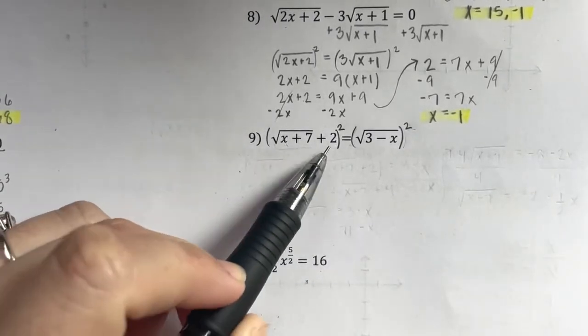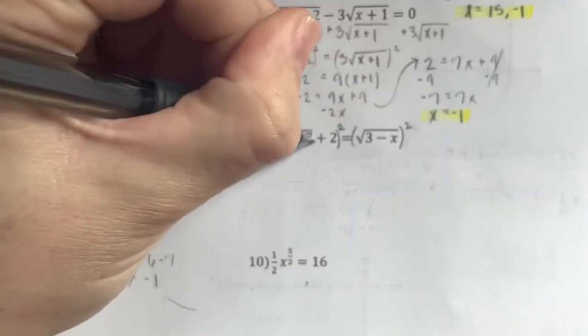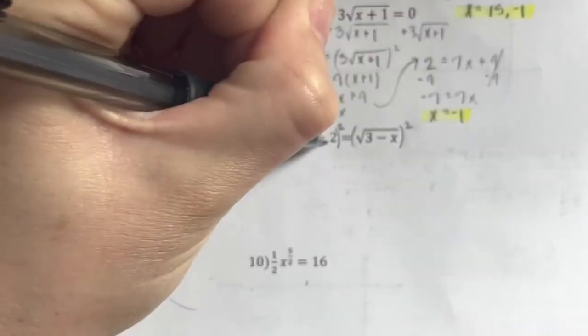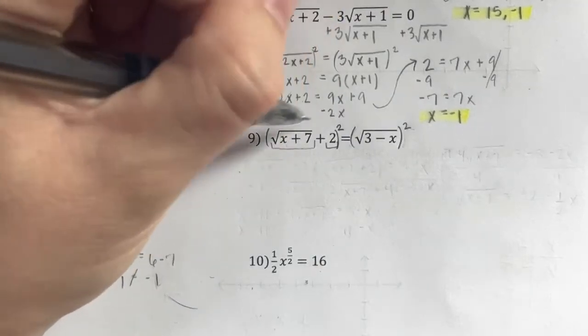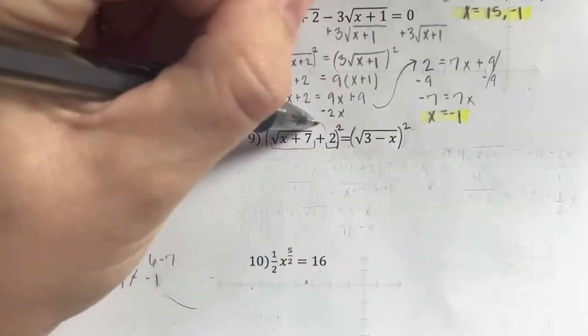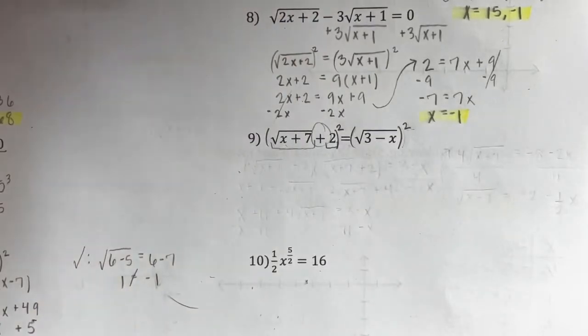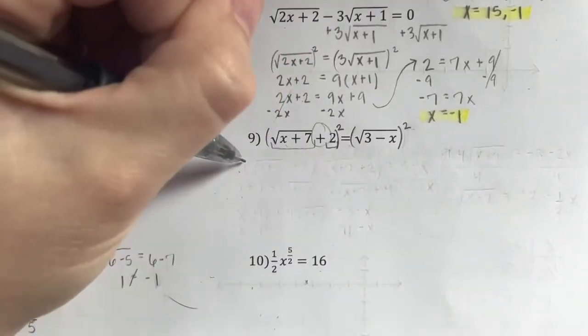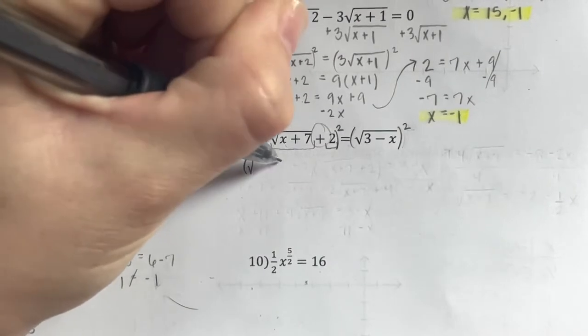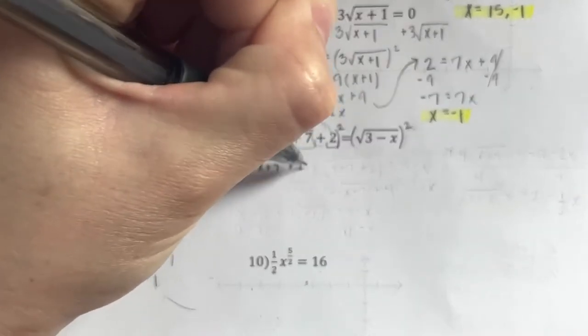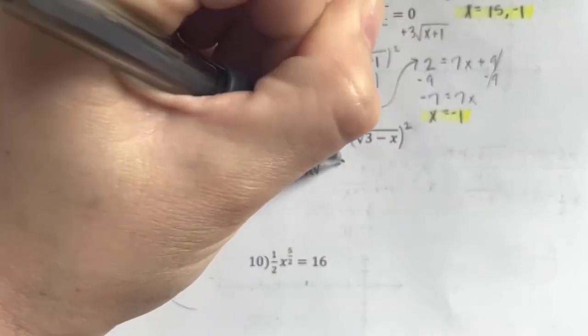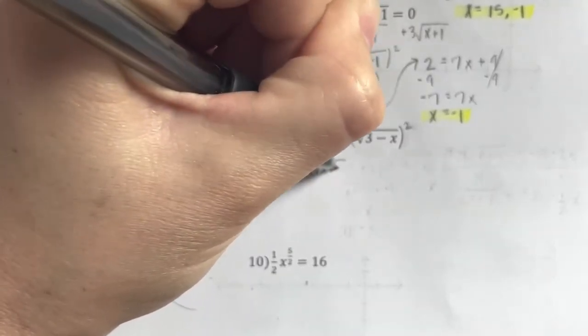And because this is now 2 different terms, the radical term and the 2 term, I'm going to have to write it side by side and FOIL it, because I can't just distribute this squared in, because the plus sign creates the 2 different terms. So the left side becomes the square root of x plus 7 plus 2 times the square root of x plus 7 plus 2 again.